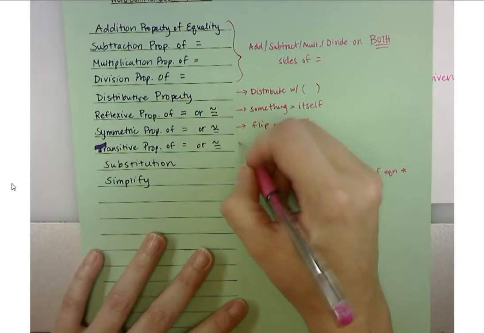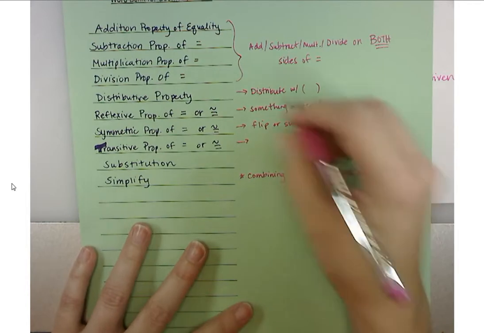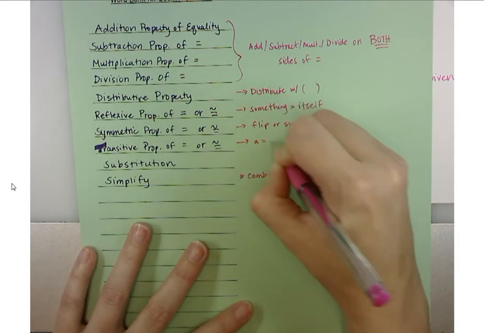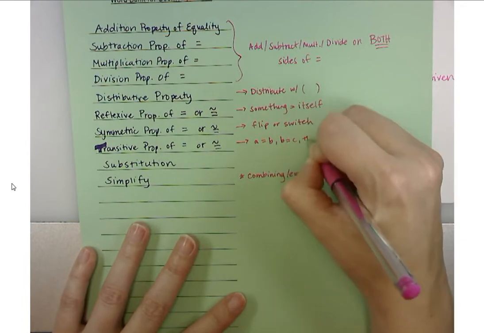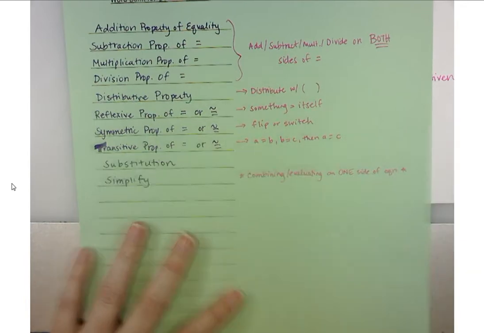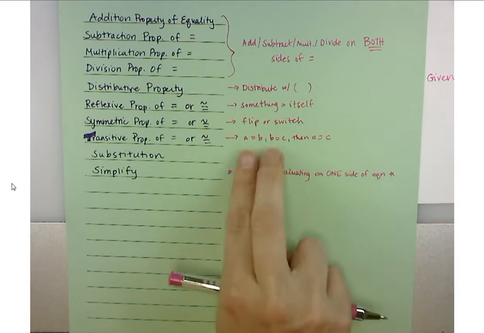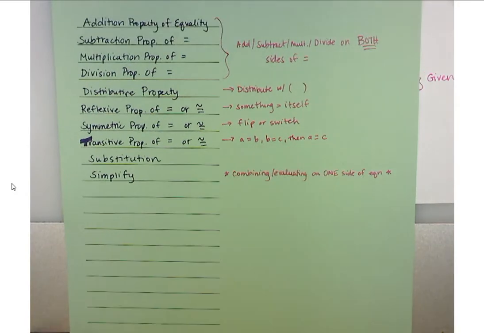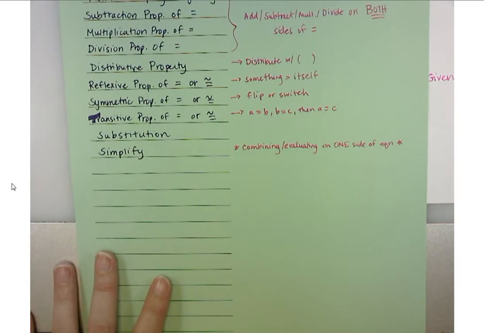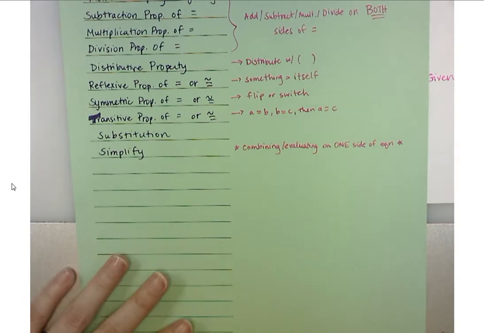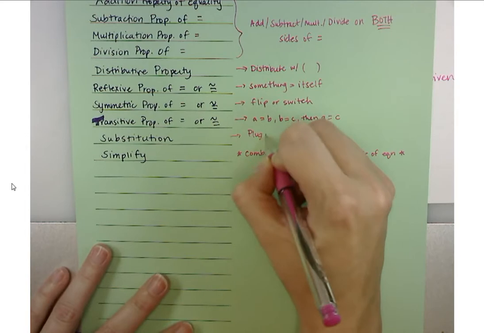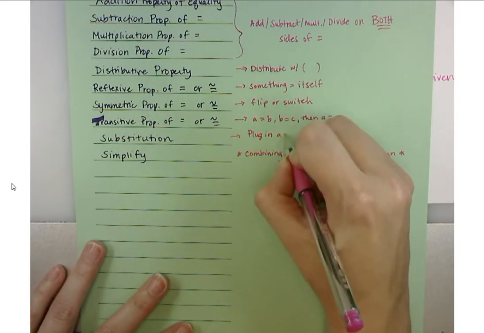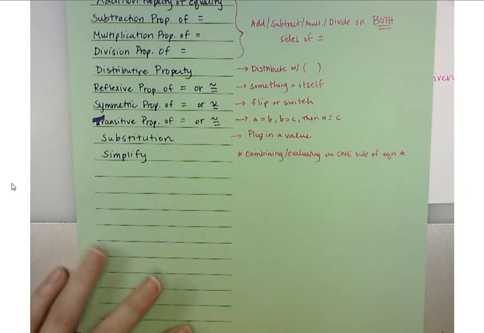Okay, and then for your transitive property, let's go ahead and write that it is like if A equals B, B equals C, then A equals C. You have two equalities, which means the first and the last are equal to each other. And then for substitution, this is when you plug in a value.